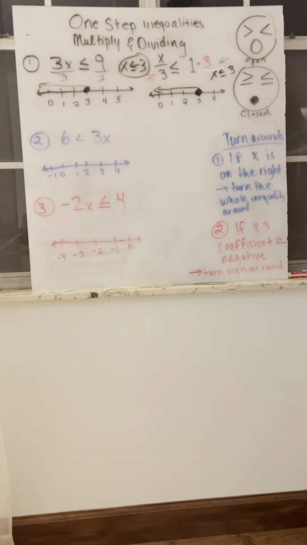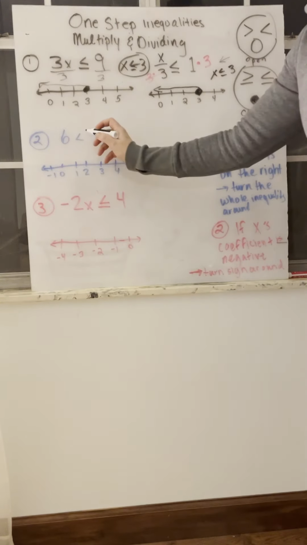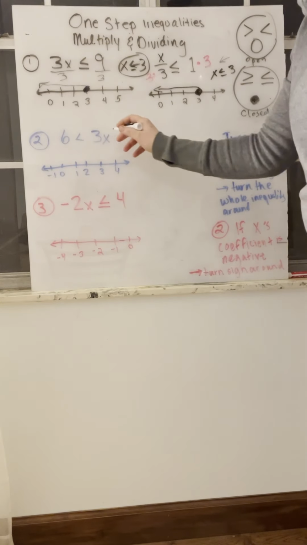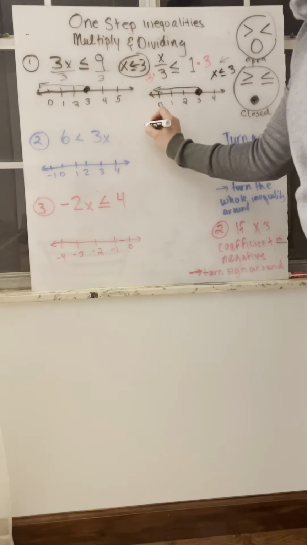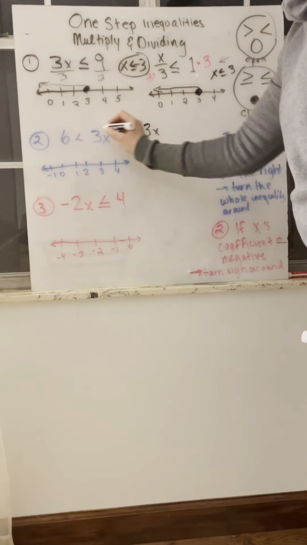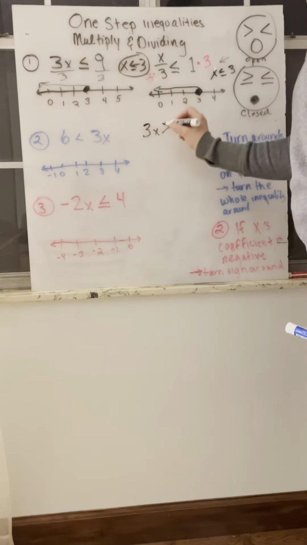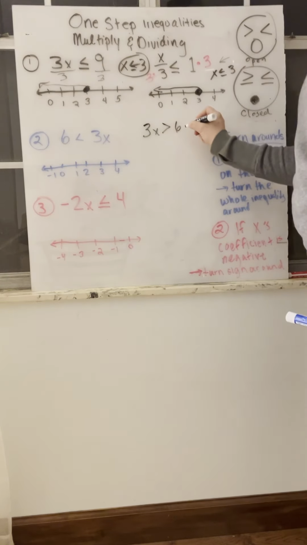Okay, the second thing is the turnaround rule that we learned yesterday, where our x term is on the right side. So what we need to do first is turn this whole thing around. It says 6 is less than 3x. The mouth is facing 3x, so we want it to face 3x again. So we'll write 3x greater than 6. 6 is less than 3x is the same thing as saying 3x is greater than 6.